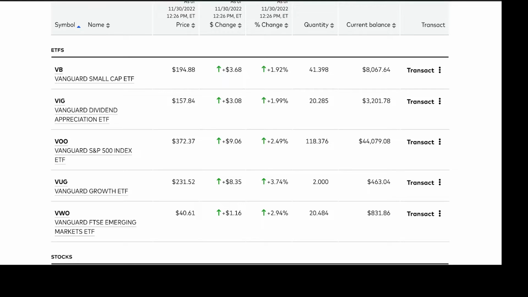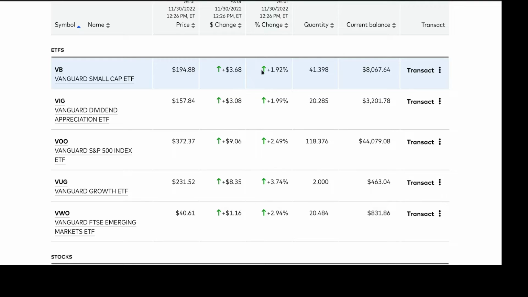Basically, here it shows you the ETFs and stocks that I own. It shows how much each one of those went up per share and the percentage change. It shows you the current balance, but it doesn't show you how much that went up in a dollar amount.